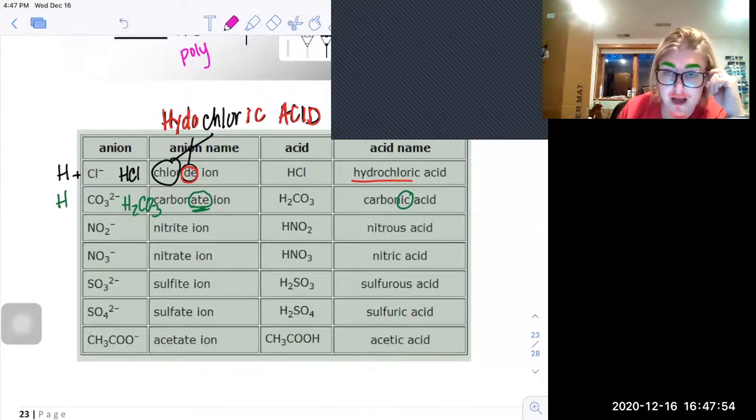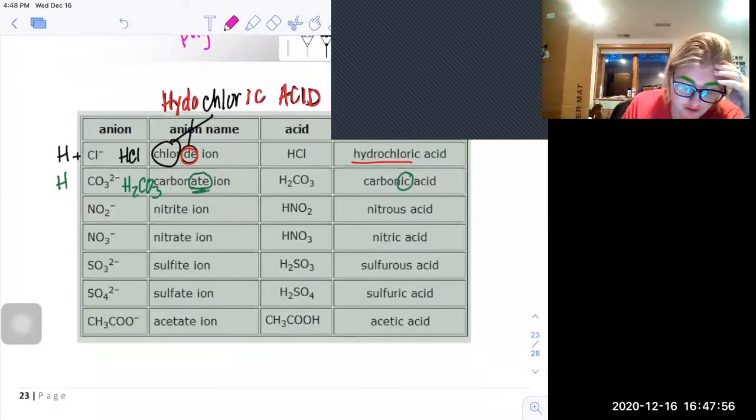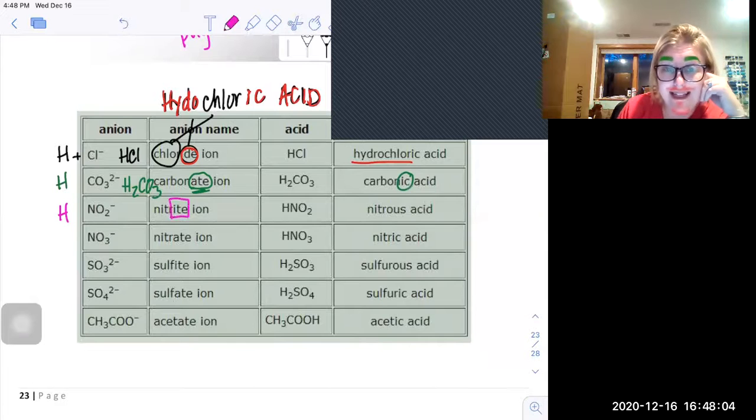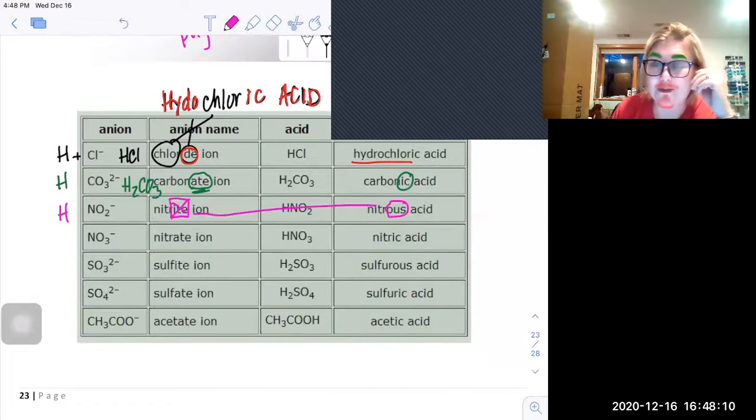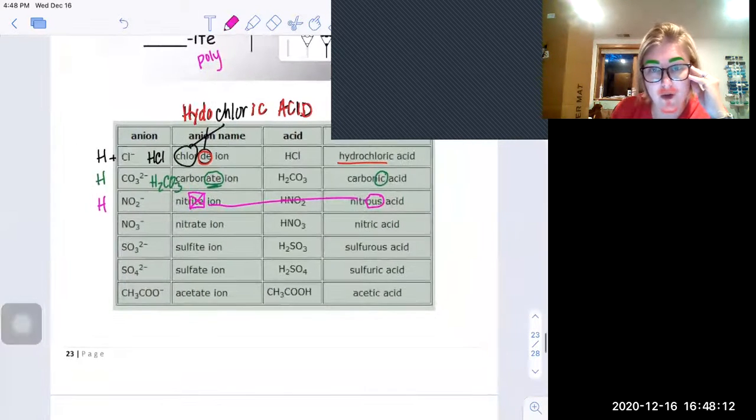Moving on, if I were to put an H in front of NO2, and NO2 is nitrite with an ITE, that ITE ending gets dropped and it becomes OUS, and so this would be nitrous acid.